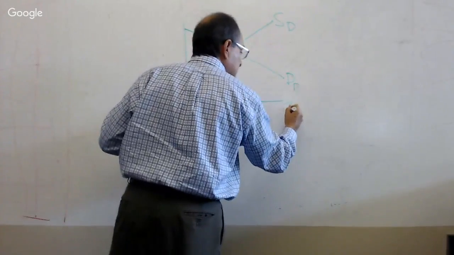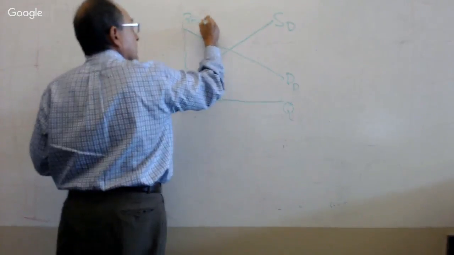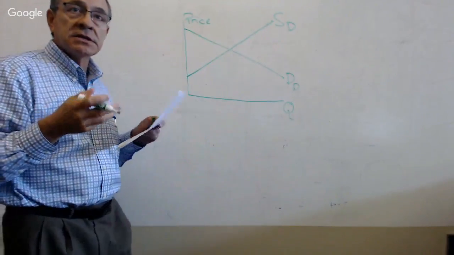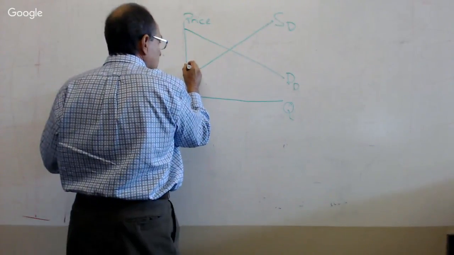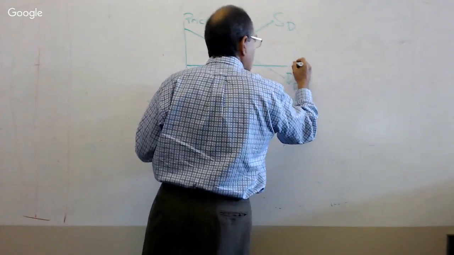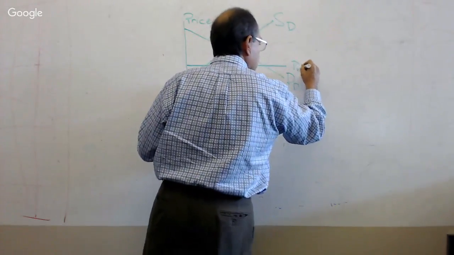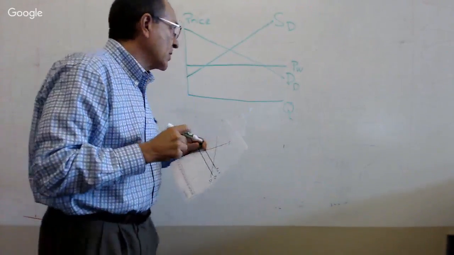Here's the quantity axis. Here's the price axis. And recall, since it's a small country in international trade, the price of the imported product is going to be drawn as a straight line, meaning that this country has no ability to alter the price of the product.